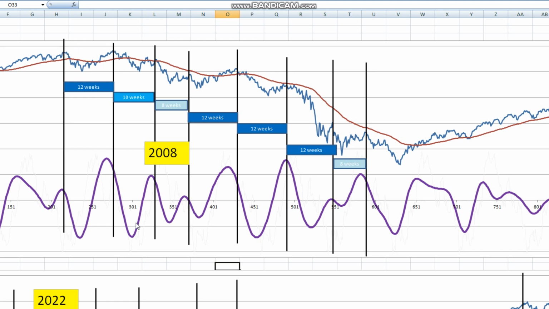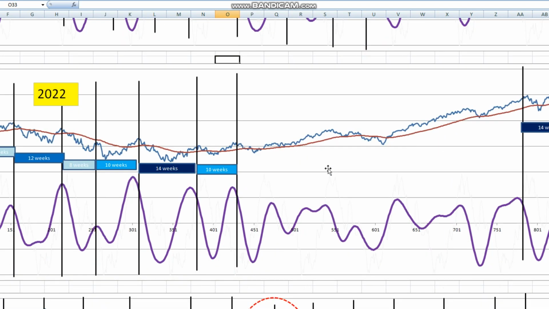So down here, I have a wavelet that corresponds to this oscillation, and you see from top to top, we have sometimes 12 weeks, sometimes just 8 weeks. On average, it's around 10 weeks, but here in the bear market of 2008, we see there's some variation to the length here.